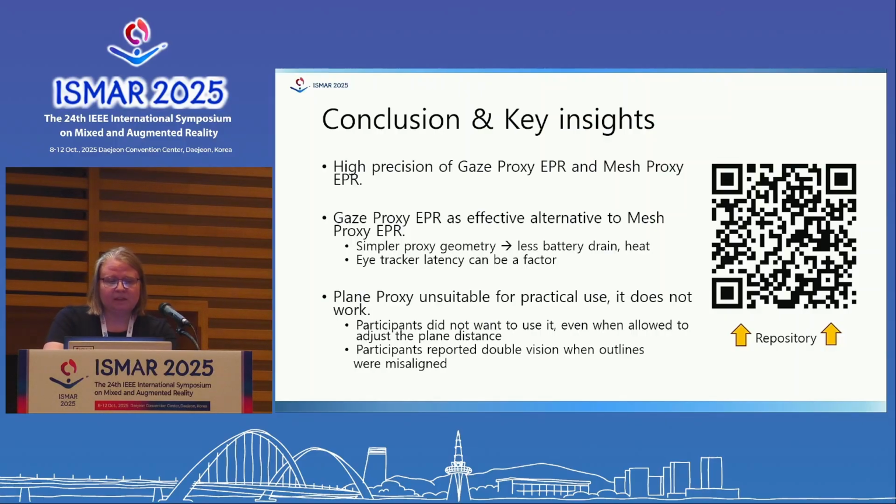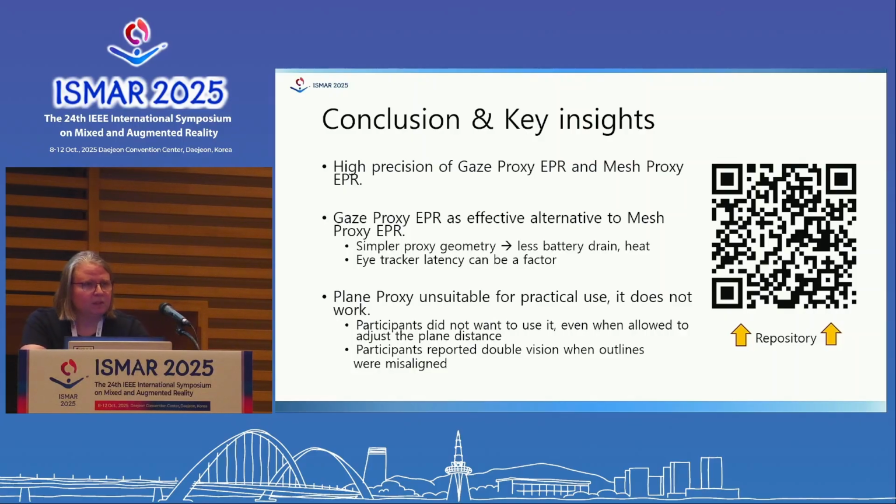Second, we find that the gaze proxy method is an effective alternative to the mesh proxy method. It ranked comparably to the mesh proxy in terms of accuracy, in terms of ease of use, in terms of workload. There is only, in terms of task completion time, a minor issue that probably needs further investigation.